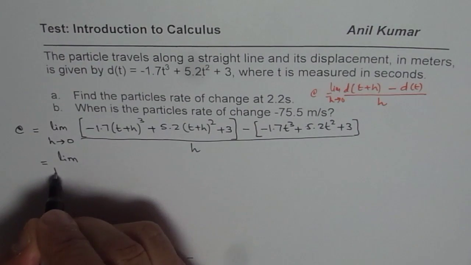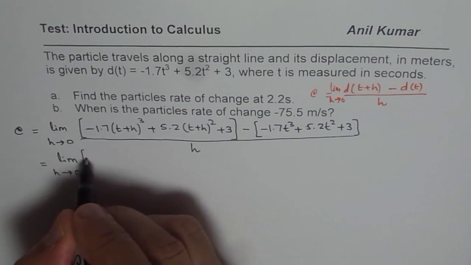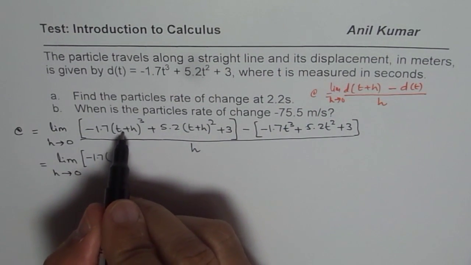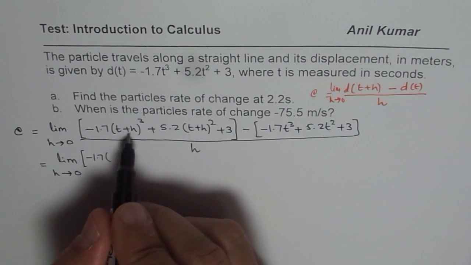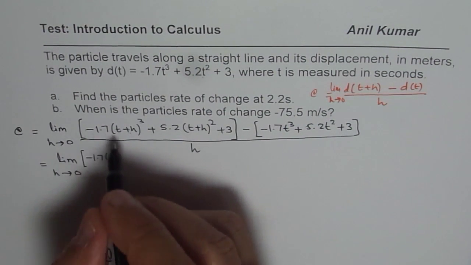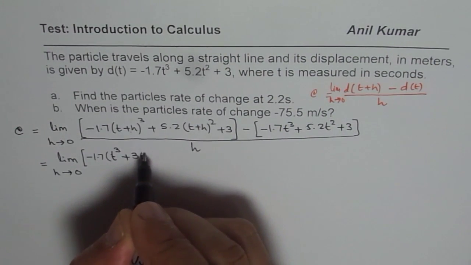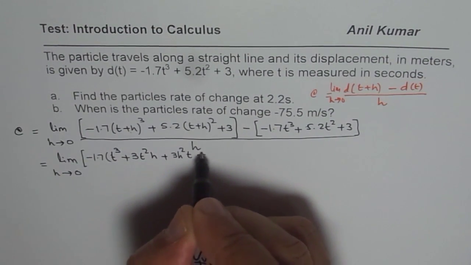We have the limit h approaches 0. Let's expand these terms. It is minus 1.7 times a plus b whole cubed, which is a cubed plus 3a squared b plus 3ab squared plus b cubed. You can use Pascal's triangle also. So that's t cubed plus 3 t squared h plus 3 h squared t plus h cubed.